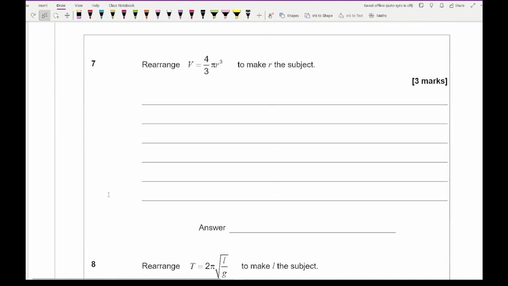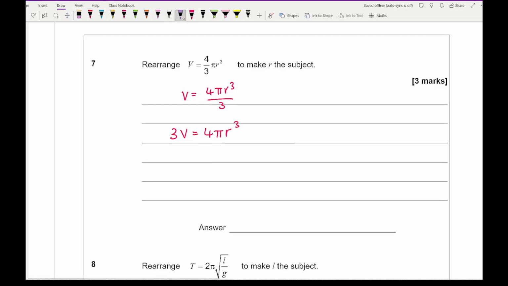Moving on to question 7, it says rearrange v equals 4 over 3 pi r cubed to make r the subject. So again, I'm going to rewrite this as 4 pi r cubed over 3. Then take the 3 over, so it becomes 3v equals 4 pi r cubed.